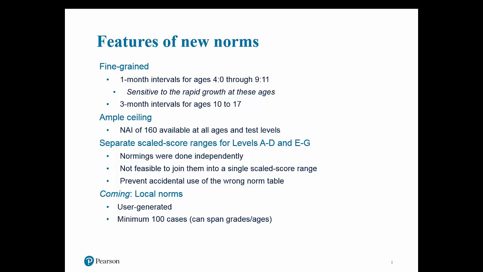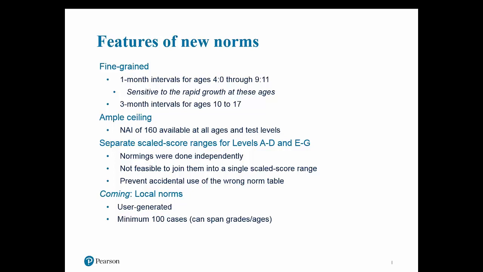What that means is we picked 1 month because that's an interval at which you won't find a student jumping in their NAI score by more than 1 point when they transition from one age group to the next. When the intervals are wider and when growth is rapid, you might find that the student might have an NAI score that is several points higher or lower depending on which side of the break they are between two age groups.